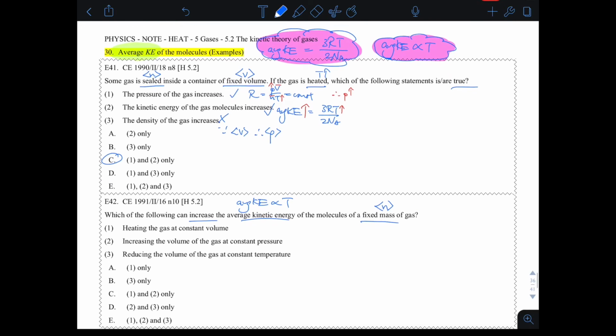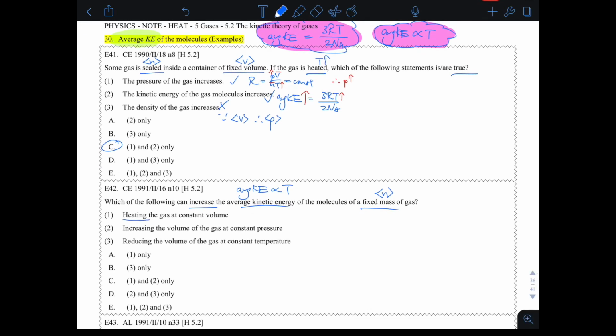With this in mind, heating the gas at constant volume must be helping, because when T increases, the average KE increases. Increasing the volume at constant pressure, you really have to think about what happens to the temperature.